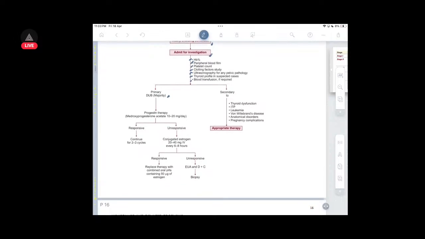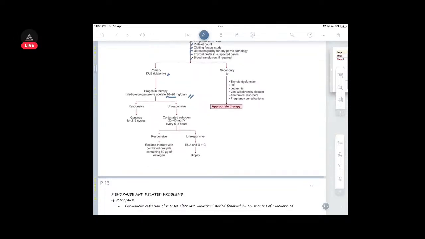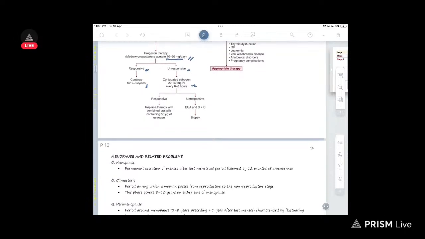So you'll have primary dysfunctional uterine bleeding, for which progestin therapy should be given. Medroxyprogesterone acetate 10 to 20 mg daily should be given. If it is responsive, then you continue the cycle for 2 to 3 cycles. If it's not responsive, then you give conjugated estrogen 20 to 40 mg IV every 6 to 8 hours. If that is responsive, then you combine it with oral contraceptive pills containing 50 microgram of estrogen.